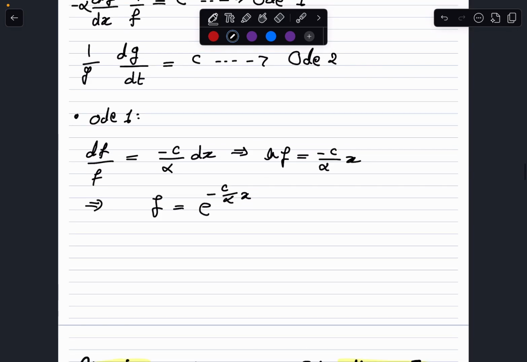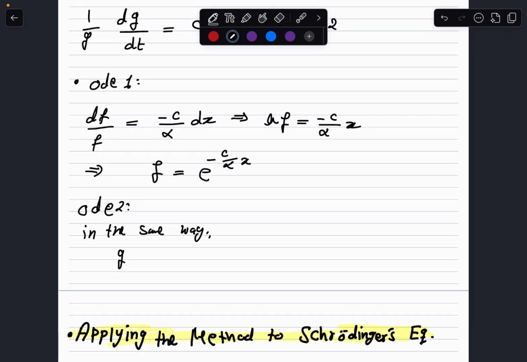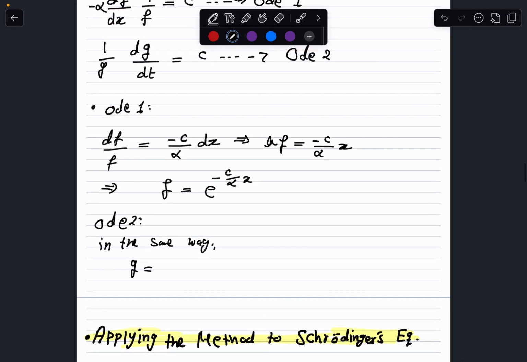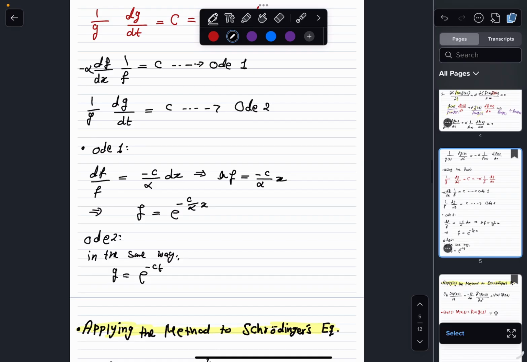And similarly, in the same way, we get that g is equal to e to the minus ct. So now this is the second step.